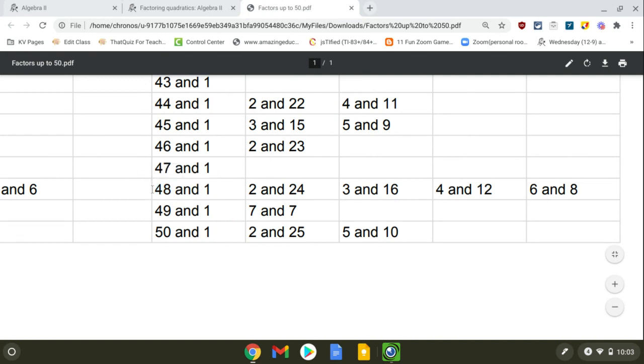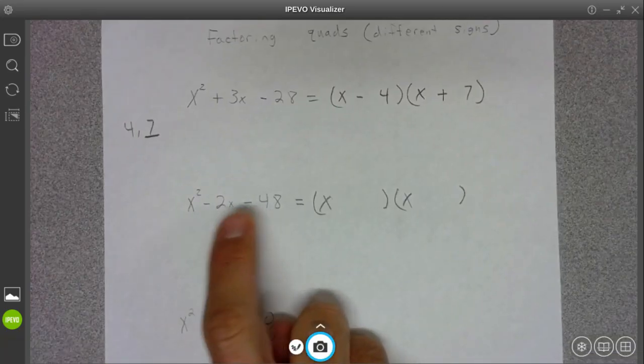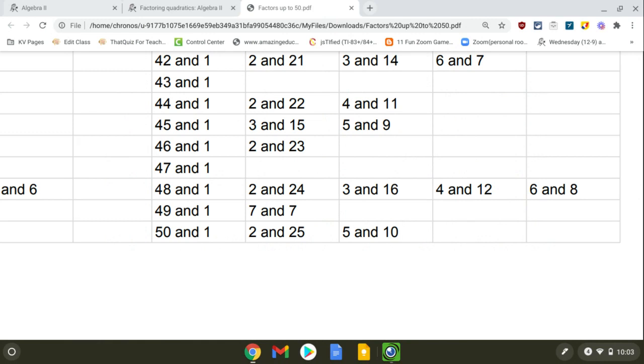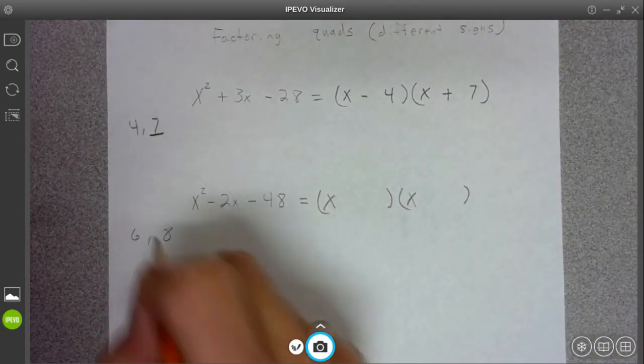This row does not subtract to give us 2. Remember, we want them to subtract to give us the 2. See here, this subtracts to give us 2: 6 and 8. They multiply to 48, and they will subtract to give you 2. So 6 and 8.